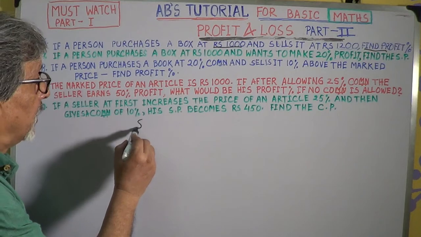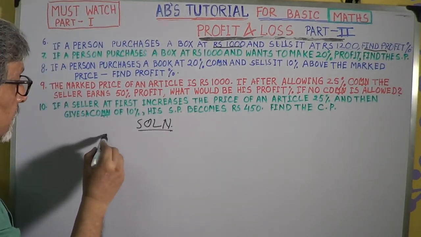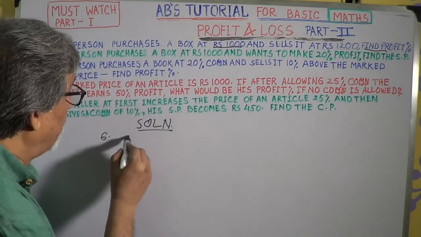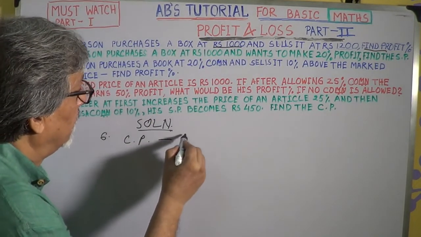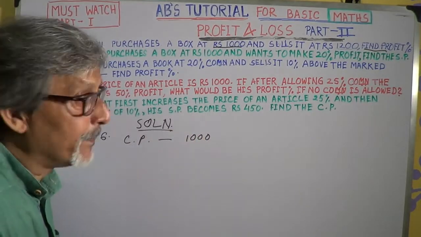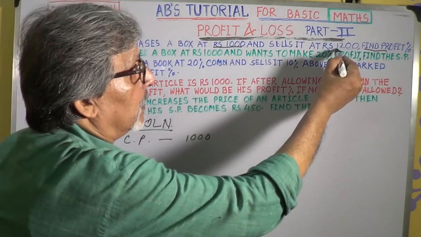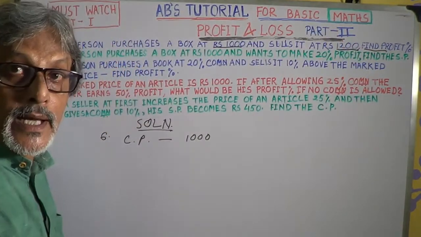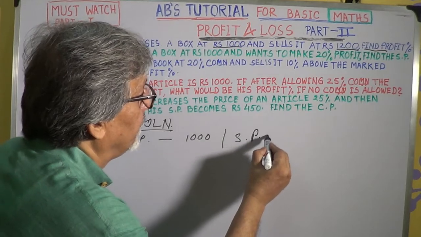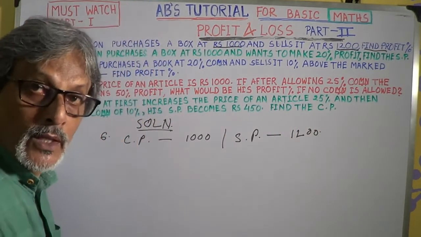So solution number 6. Here the CP, the cost price, is rupees 1000. And the sale is at rupees 1200. This means here SP is 1200.